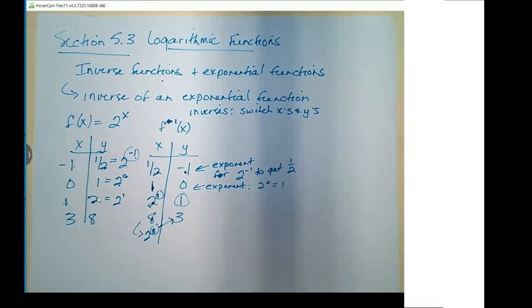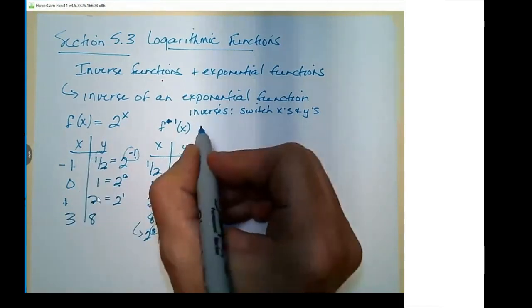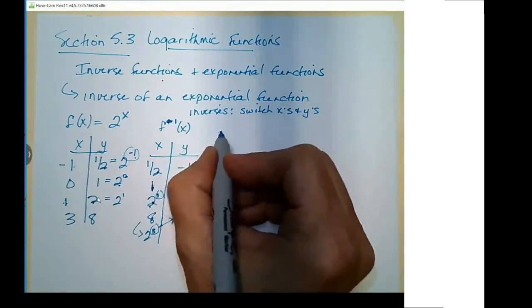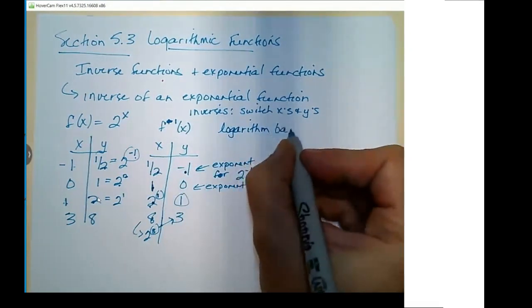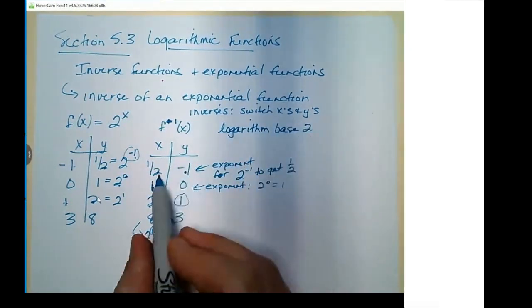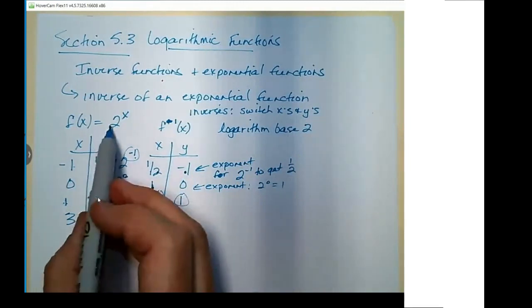So it's kind of a hard concept to think about going backwards from an exponential function. But what it's doing is it's coming back and giving us the exponent that we would have had for our exponential function. So what we call this is the logarithm function. And this would be the logarithm base 2. It makes a big difference here what our base was in our exponent.